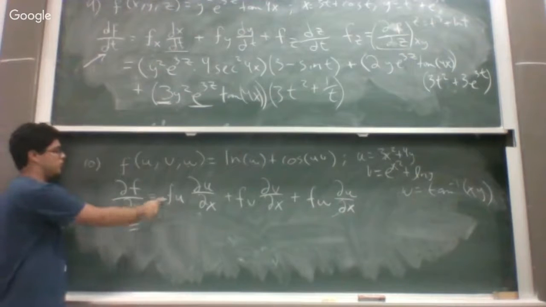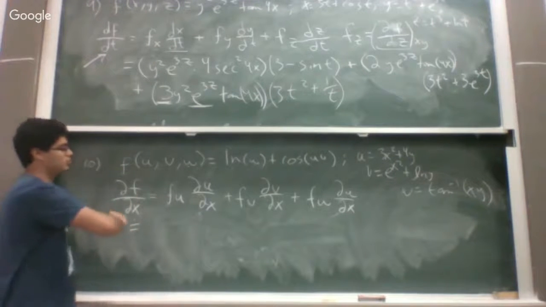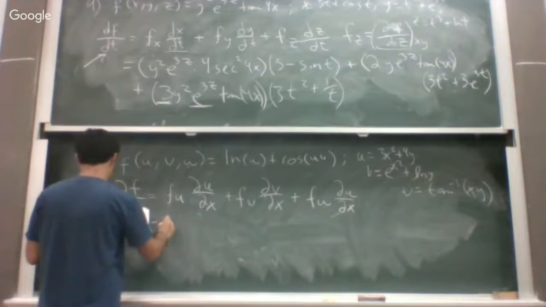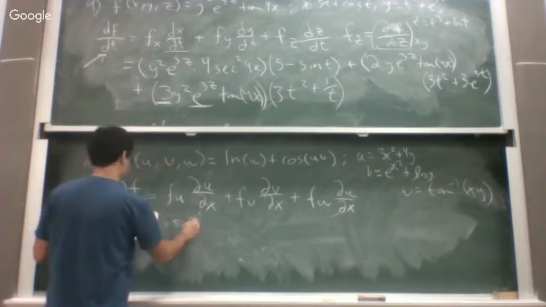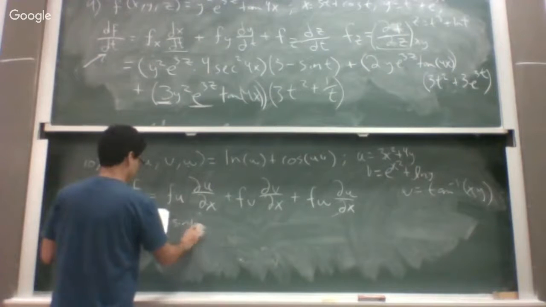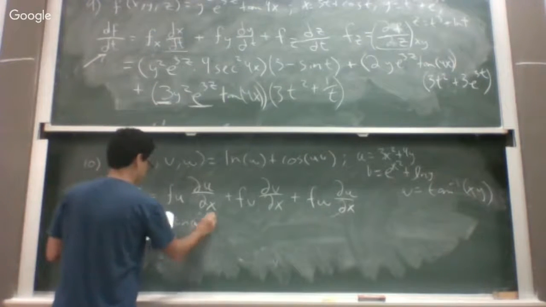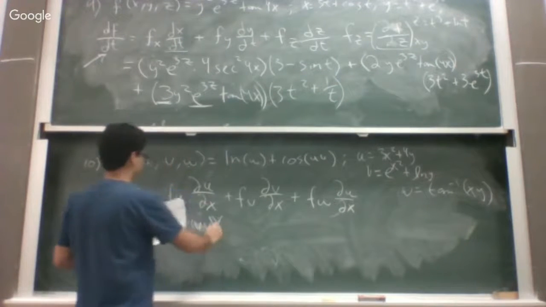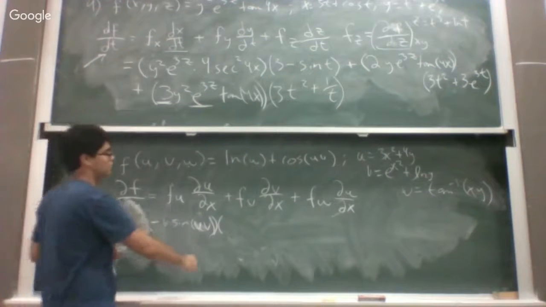What is the partial derivative with respect to u? Negative v sine of uv. Six x.